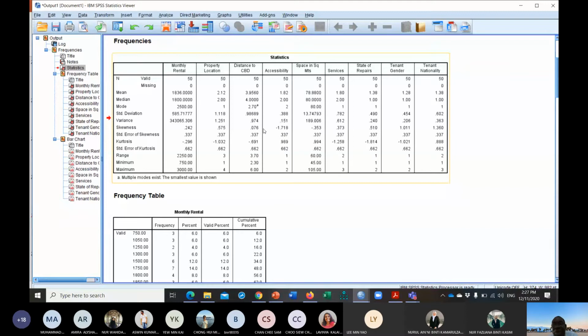For accessibility, we have minus 1.7, and minus 1.7 is still greater than minus 1.96. So we will say it is normally distributed. We look at all the lines until the end. Which one didn't fall within? All of them fall within the range. So our data is normally distributed.